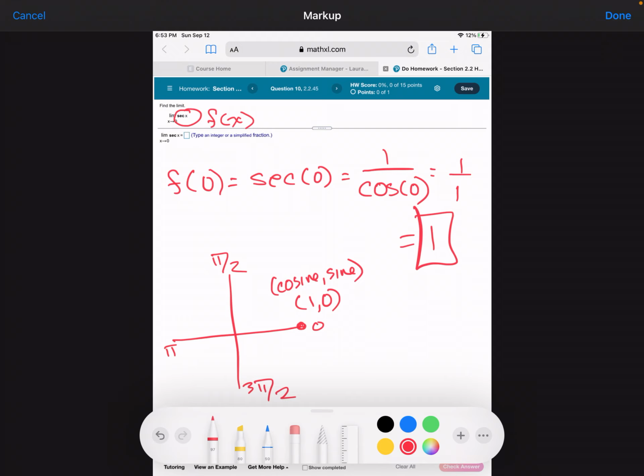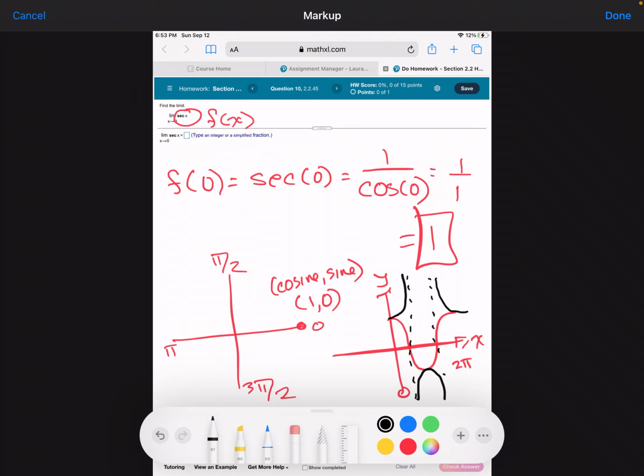The other thing, you could graph actual secant here, if you recall what that looks like. This is 1 period of it, where that's 2 pi, and this is 0. This is what cosine looks like. So recall that secant has asymptotes wherever cosine hits 0, and then kind of bounces off like this.